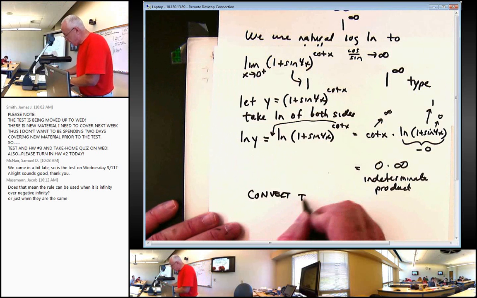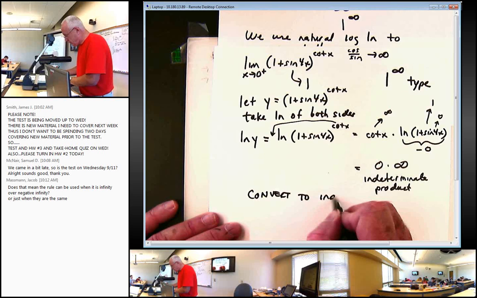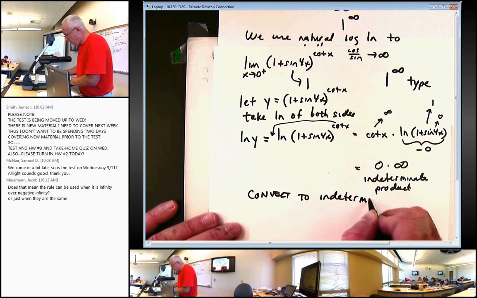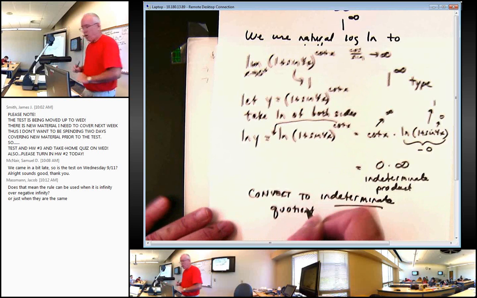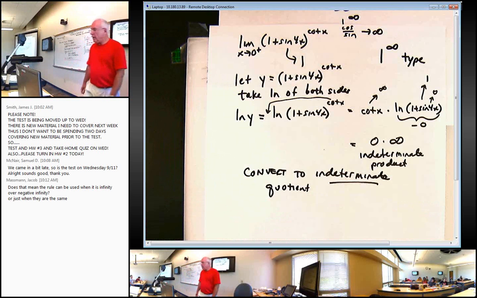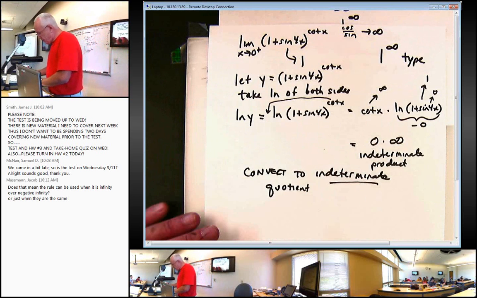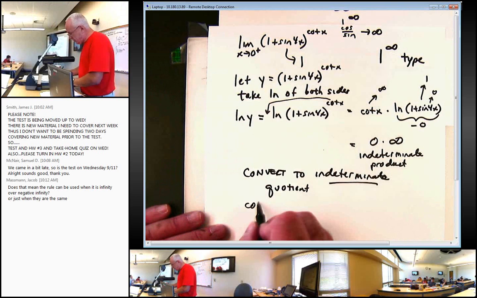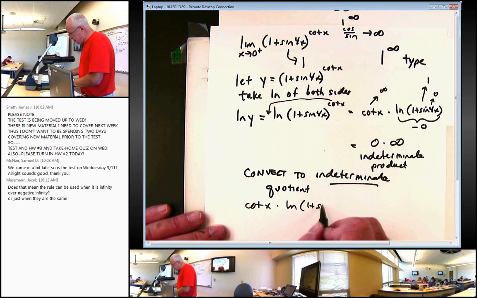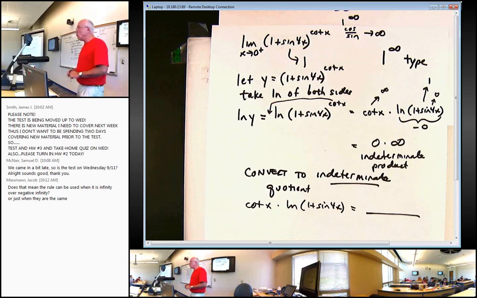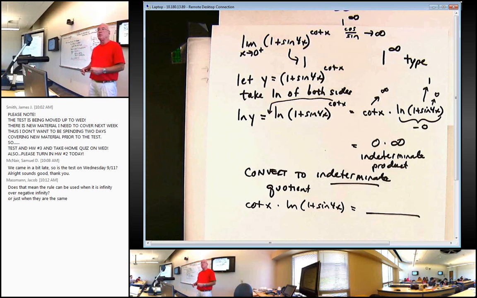Convert to indeterminate quotient. All right. Okay, so what are we working with here? We have cotangent of x times natural log of 1 plus the sine of 4x. And we want to represent this as a quotient that fits L'Hopital's rule. Yeah, Jenna?